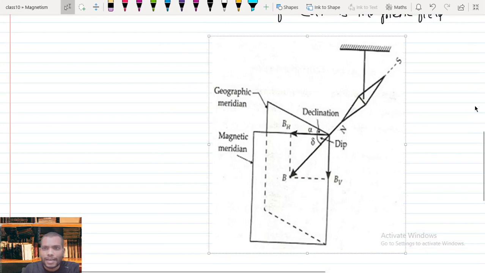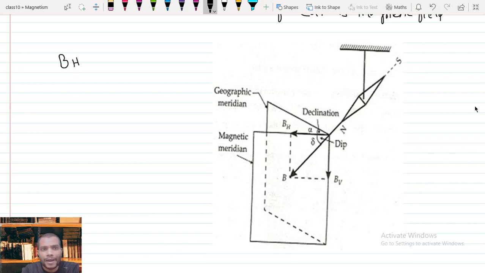This figure shows that to find the magnitude of the magnetic field at a given location, just hang a dip circle vertically. The dip needle shows an angle, and there itself you draw the magnetic meridian. We have to measure that angle from the horizontal component of the magnetic meridian. So we can write the horizontal component of the magnetic meridian B_H equals B cos delta.